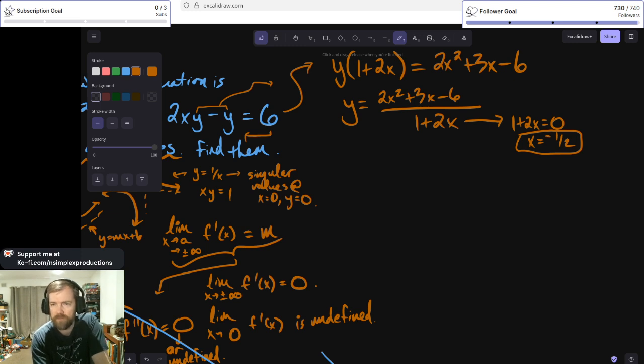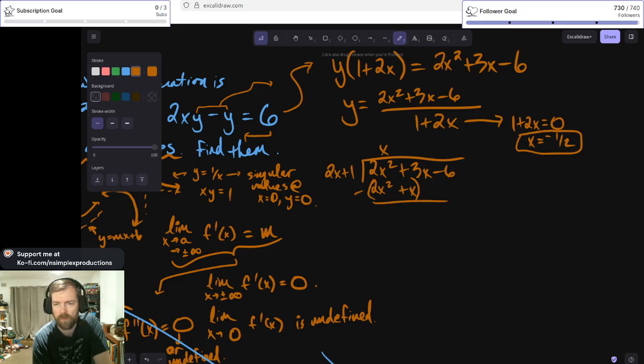Anyway, with this, the slant asymptote we can find by taking 2x squared plus 3x minus 6 and dividing as a polynomial 2x plus 1. This is going to be x, 2x squared plus x is being subtracted to find the remainder, which is 2x. And then minus 6 drop down, so here this is going to be a plus 1.